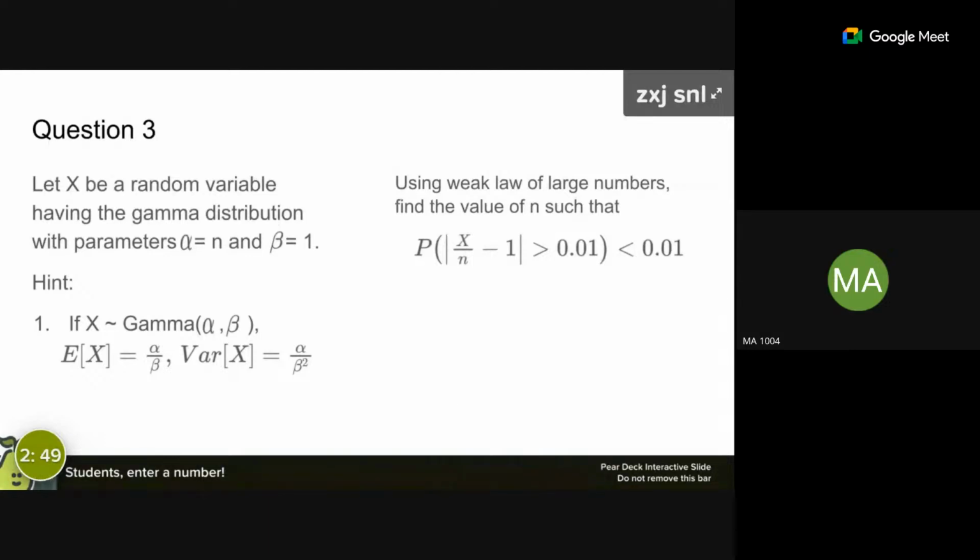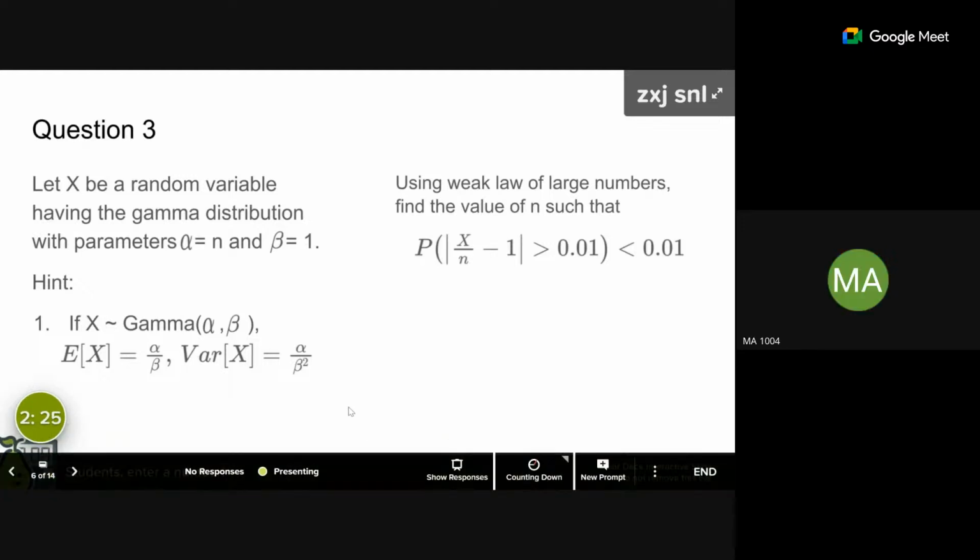Yeah. If we replace that n in the calculation, it is getting cancelled.